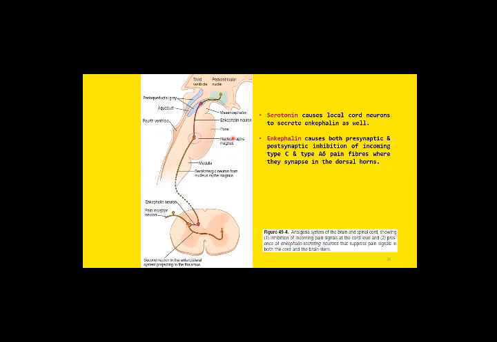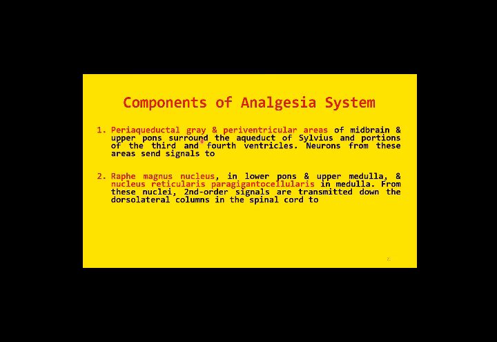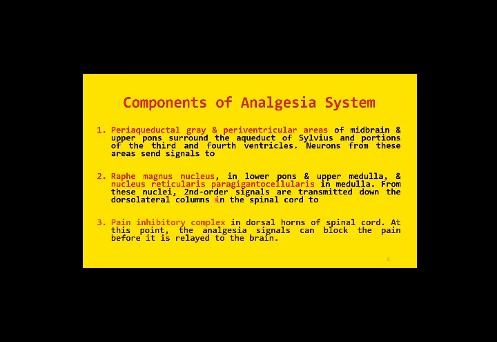Here you can see in the pons the nucleus of Raphe Magnus. So this is the second component of the analgesia system, and signals from here are transmitted via second order neurons toward the spinal cord to the pain inhibitory complex.